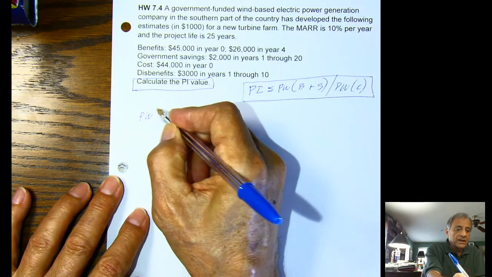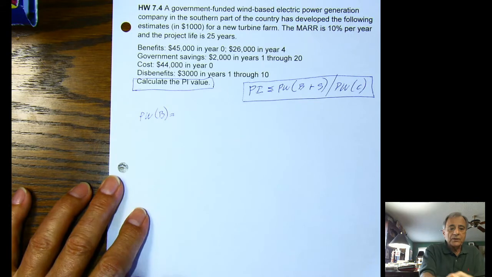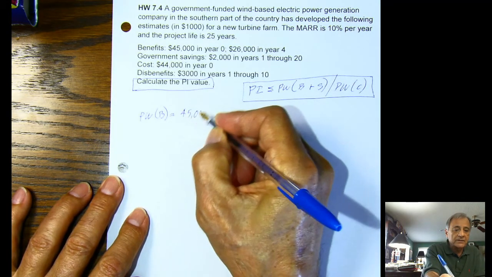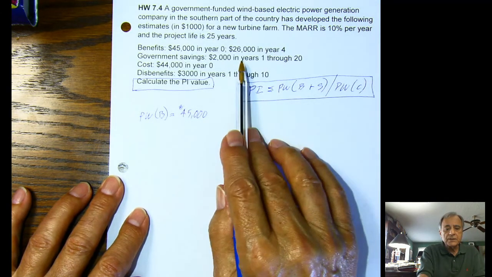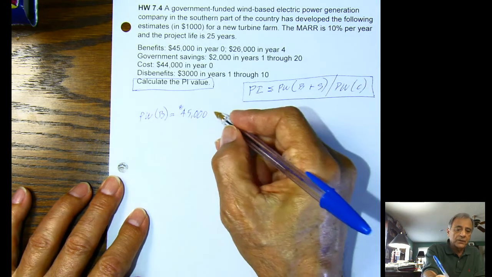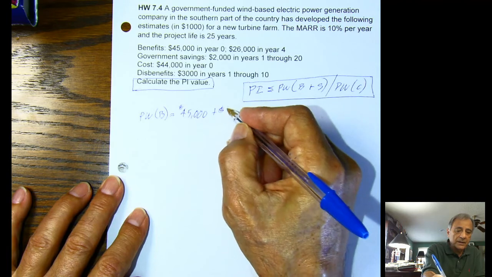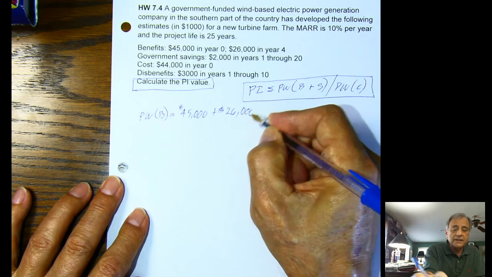Present worth of benefits equals, well, you have $45,000 at the present time, so that's $45,000. And then you have another benefit here of $26,000 at year 4, so that's a single payment of $26,000 at t equal 4.